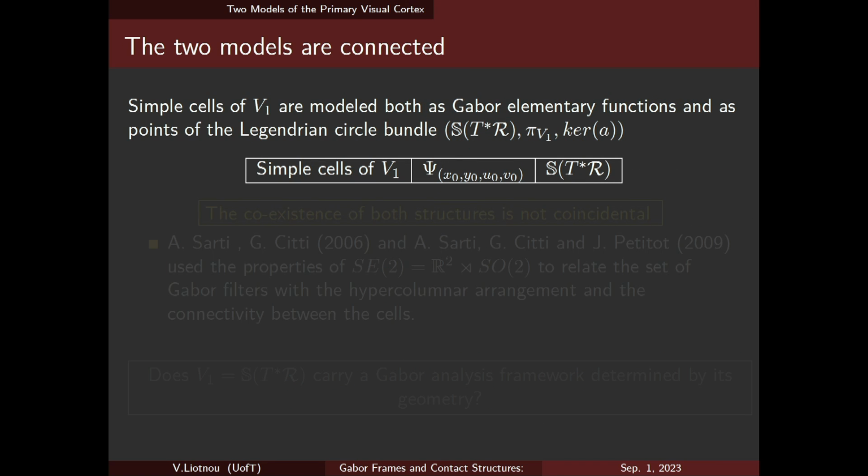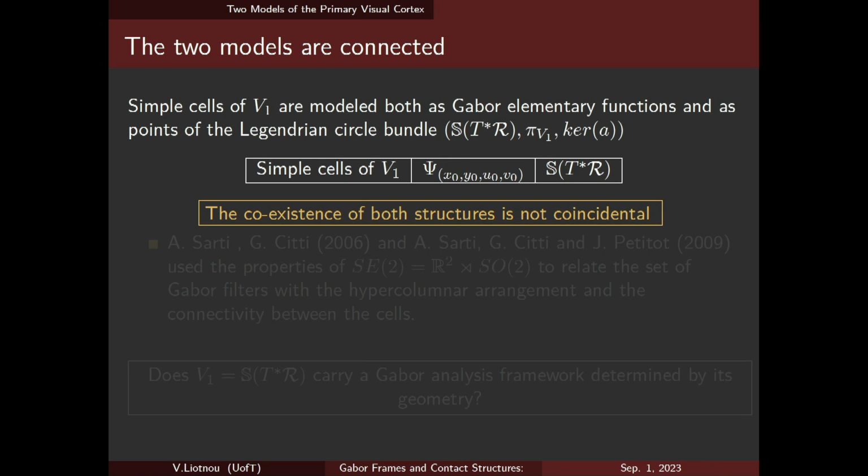And nowadays we know that these models are not different, they are connected to each other. So the simple cells that appear to have this double nature as Gabor filters and as points in a Alexandrian circle bundle behave like this for a reason.